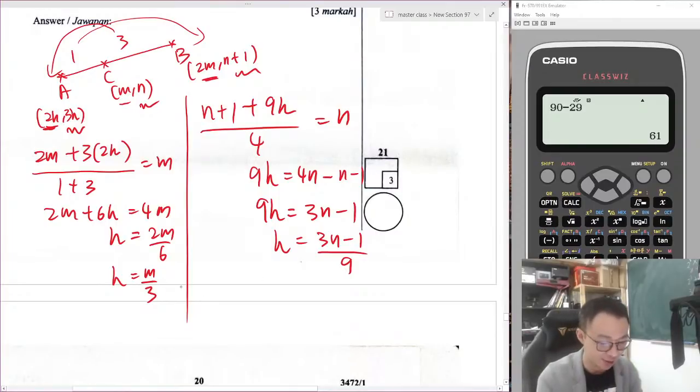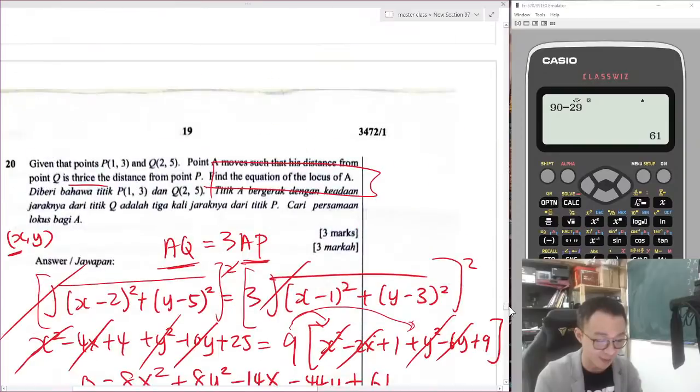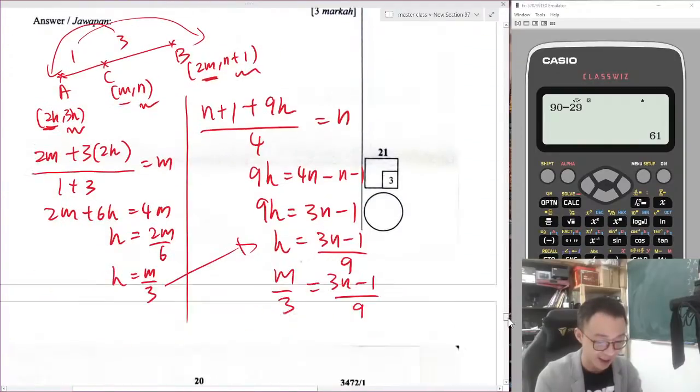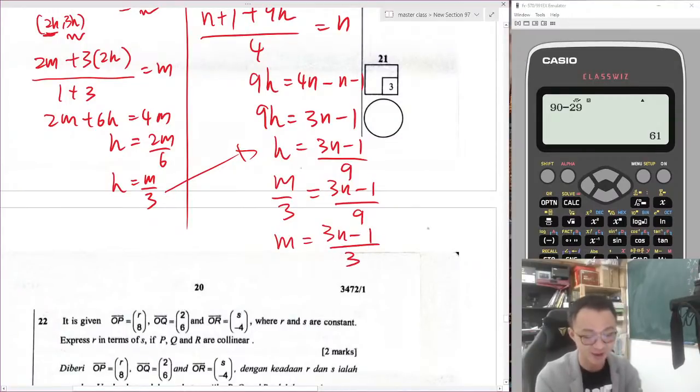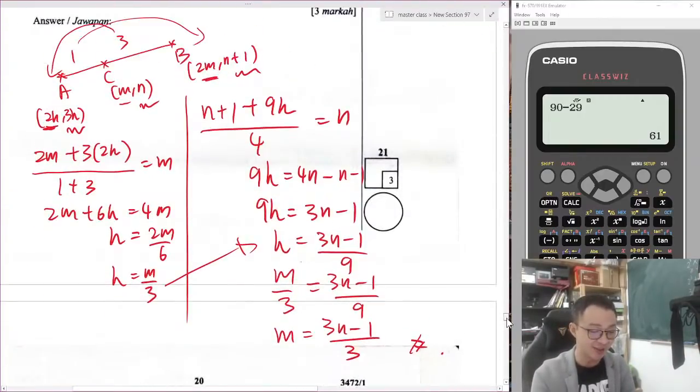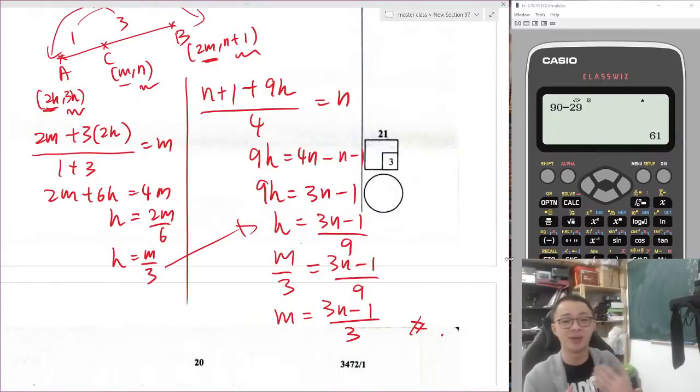So sub into here: m over 3 equals to 3n minus 1 over 9. The question asks about m in terms of n. So m will equal to 3n minus 1 over 3, multiplying 3 on both sides. This is how we do it. Basically you need to understand that when you multiply the ratio, you need to multiply the further one again.